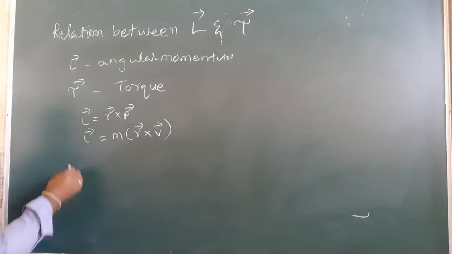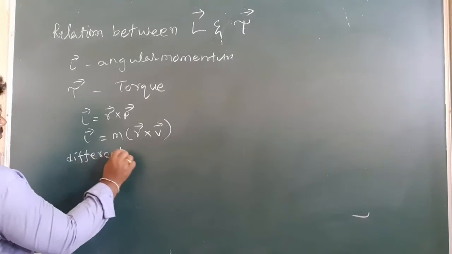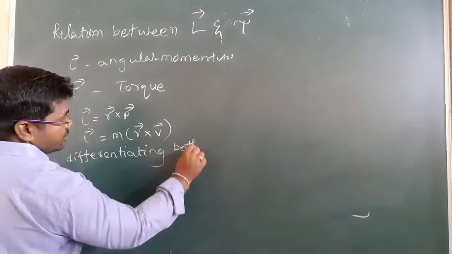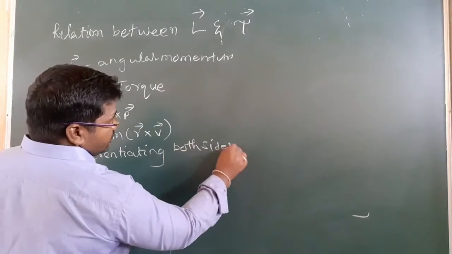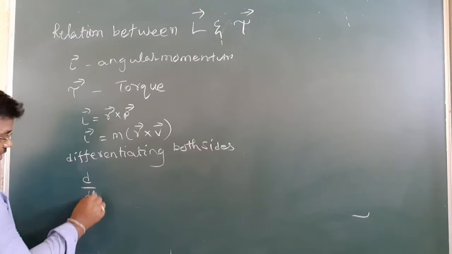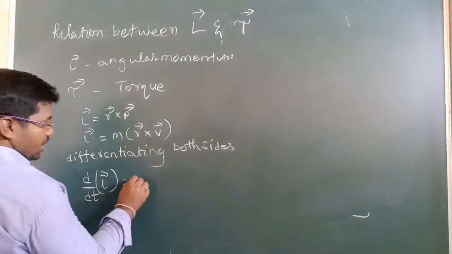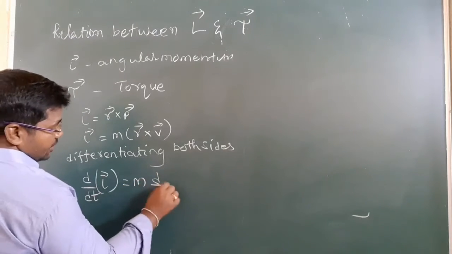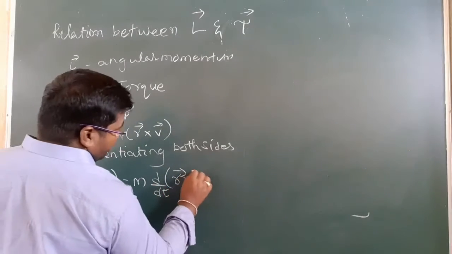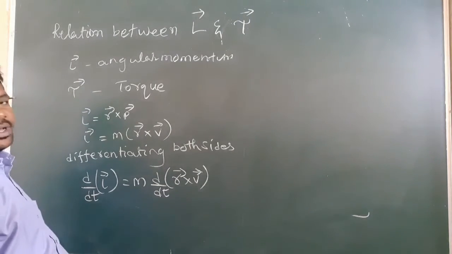So differentiating both sides with respect to time, d by dt of L bar is equal to m into, mass is constant, d by dt of r bar cross v bar.